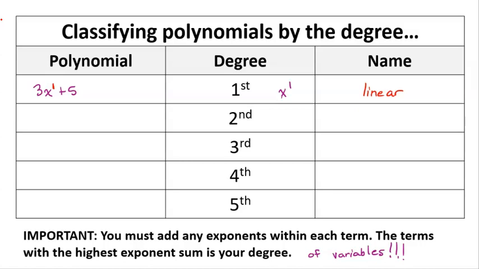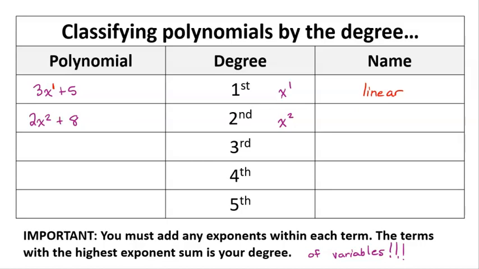Okay, and we've seen that in y equals mx plus b, right? We have x to that first power. For the second, that would be something like 2x squared plus 8. Okay, so we have x to the second degree. Now, this is where it gets a little tricky.